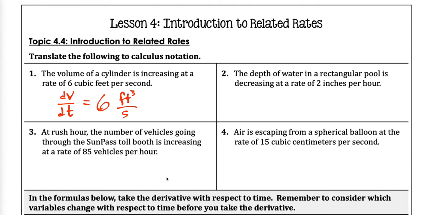The label is pretty much what tells me how to write the calc notation. So cubic feet is a volume, and in the problem, it mentions volume. Seconds is time. And so that's where I would come up with dV dt.